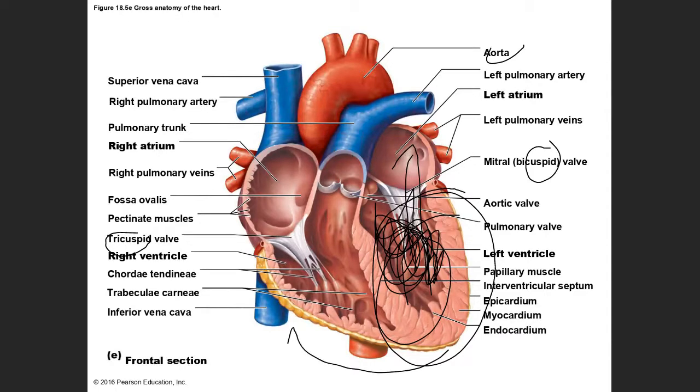Okay, the right side, we said the blood pressure over there is about 40 millimeters of mercury, and the left side is about 120 millimeters of mercury. Okay, any questions so far? Any questions? No questions? We'll just move on then.